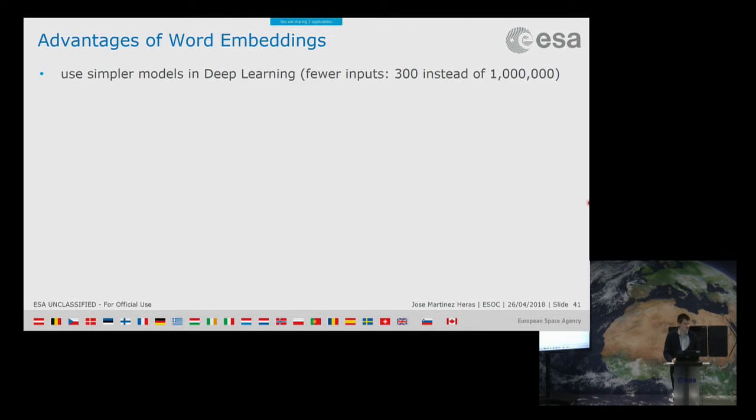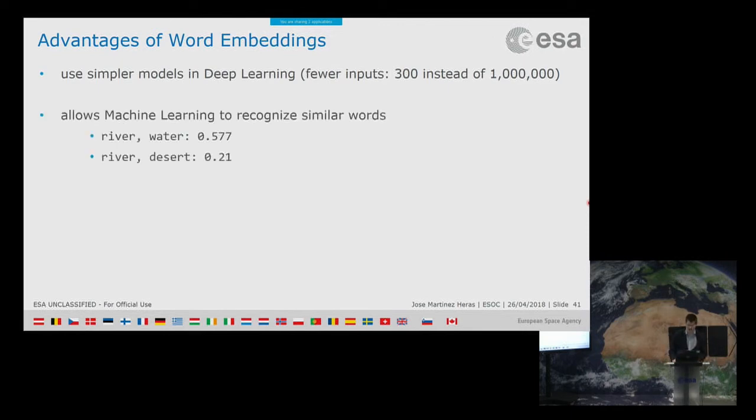The advantage of word embeddings is that you can use simpler models, and it allows you to recognize similar words. It understands that some words are more similar than others. In the other representation, where you have dimensions, even synonyms will be a different dimension, so it doesn't take this into account.